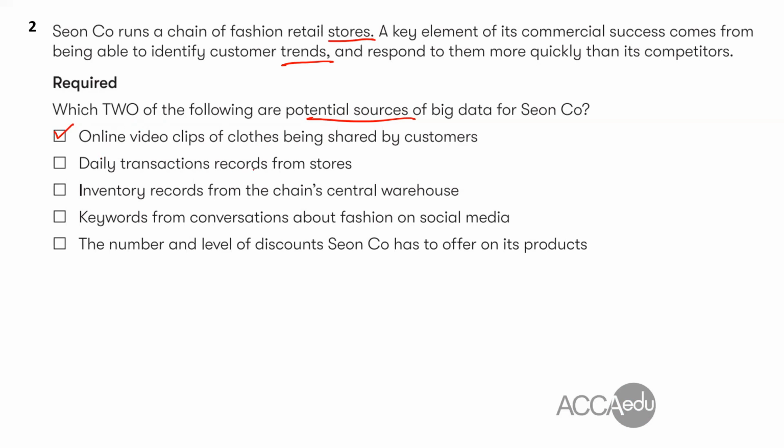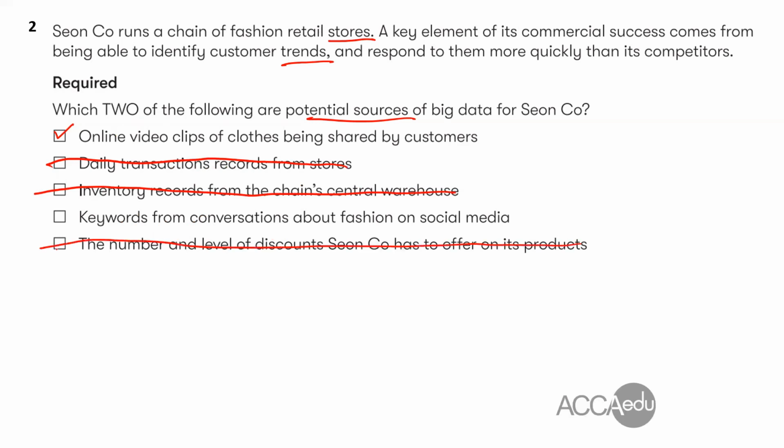Daily transaction records from the stores: no, this is inside information, and big data for customer trends comes from externally. Inventory records, again, this is internal data. The number and level of discounts Sean Cole is offering, again, this is internal data.